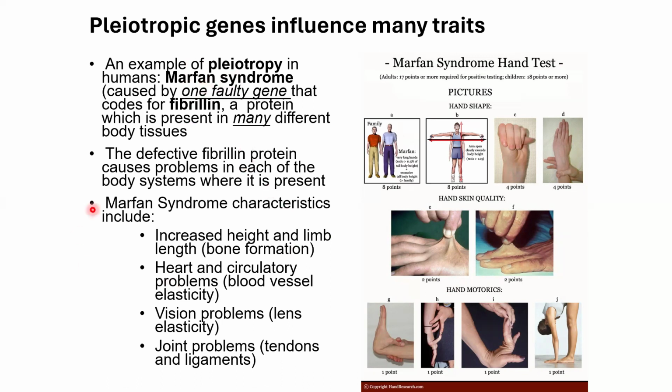Since fibrillin is present within different body systems, it can result in increased height and limb length, heart and circulatory problems, vision problems, and joint problems. Anywhere the fibrillin protein is present, it can cause issues.